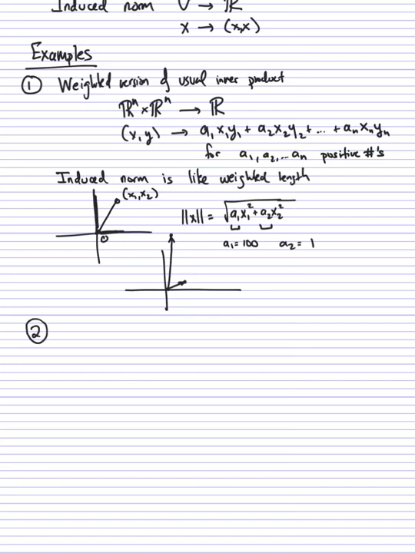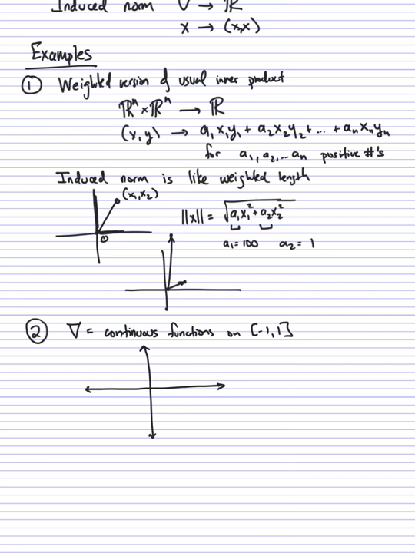Here's another interesting one, which is if you take V to be continuous functions on [-1, 1], okay? So we saw earlier that this defines a natural vector space where you are just adding functions or multiplying them by scalars.